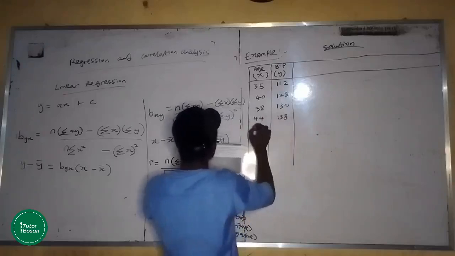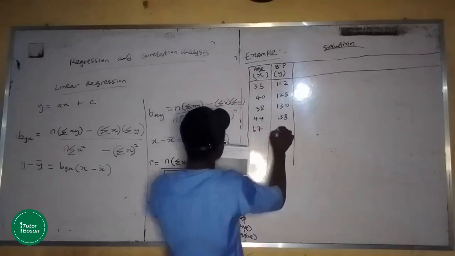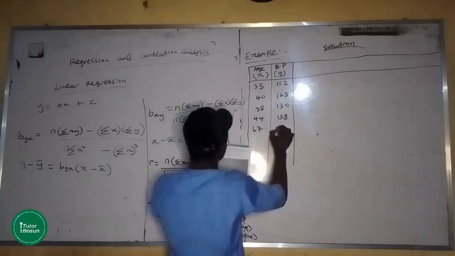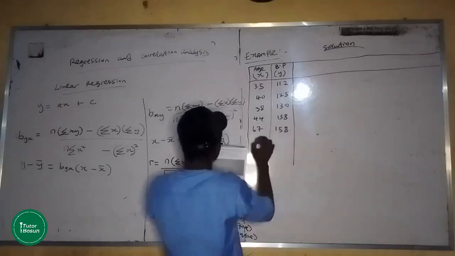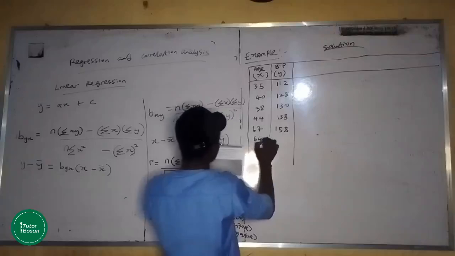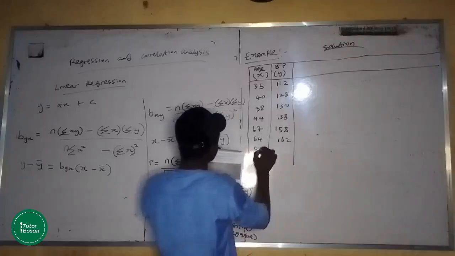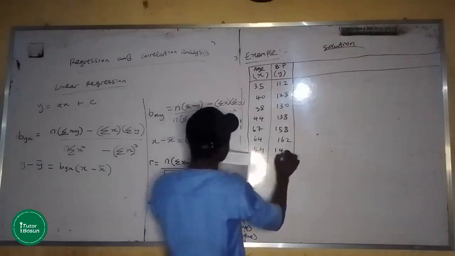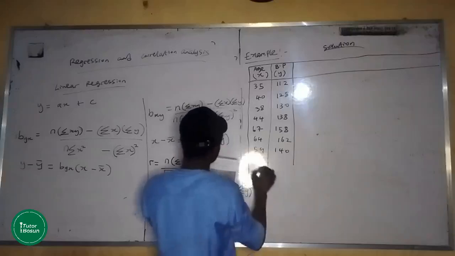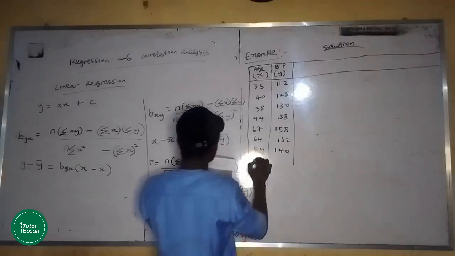Here we have 67. The corresponding blood pressure is 158. And so on. This is 64. This is 162. This is 59. This is 140. 40. This is 69.